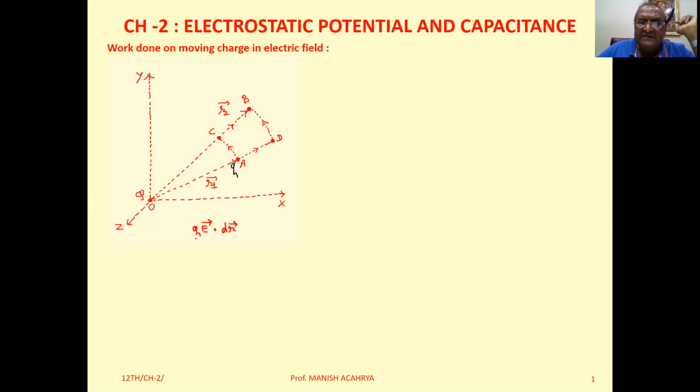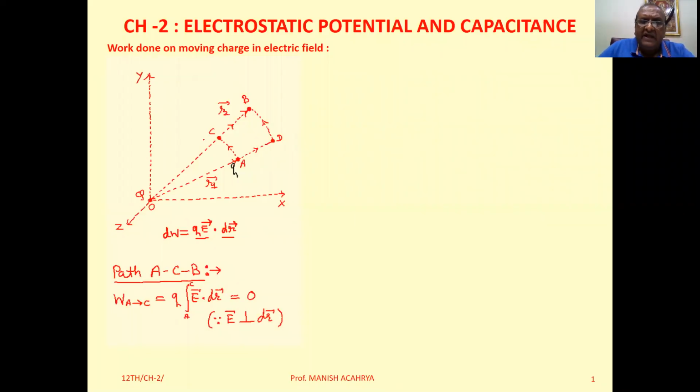Then this is the force, this is the displacement, so we can say this is the work done on moving charge q by infinitesimal small displacement dr in electric field E. Clear to all of you?